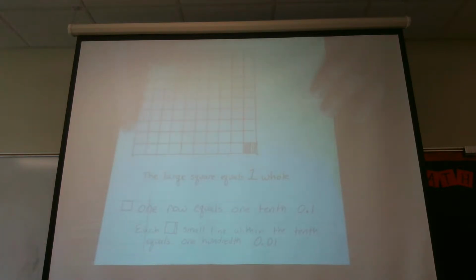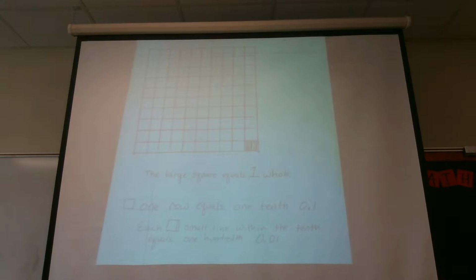Second, we have one row. Rows run horizontally. Each of these rows is 1/10, which you studied. Anybody have an idea why they may be called 1/10? Anyone?